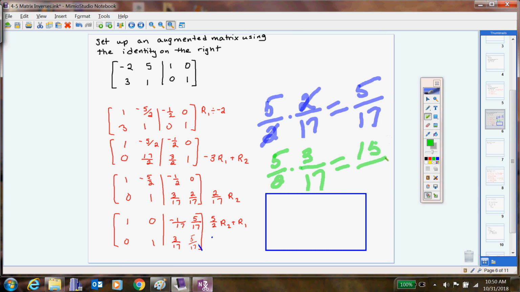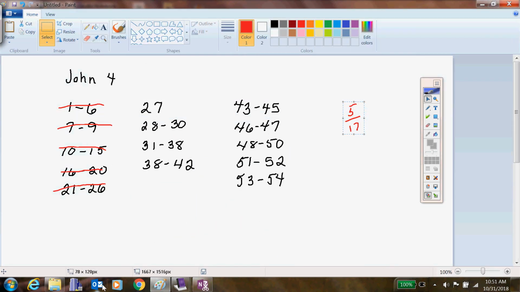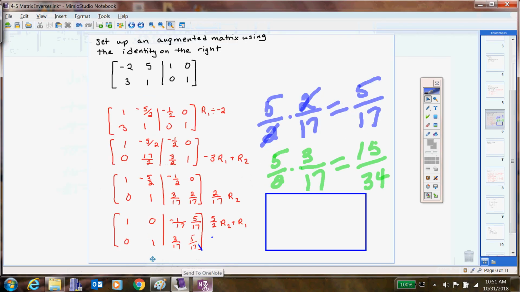Yeah, that one's messed up too. So 15/34 would be in, oh no, it's in row 1. It's not in row 2. Hold up. I need to do some editing. I need to do some on the board. Hold on.